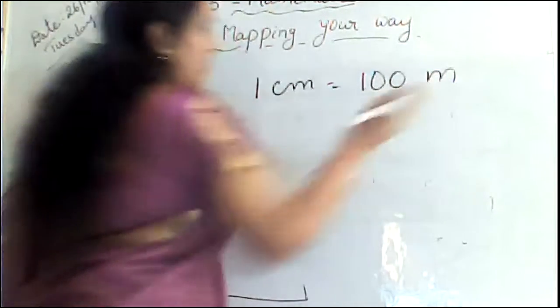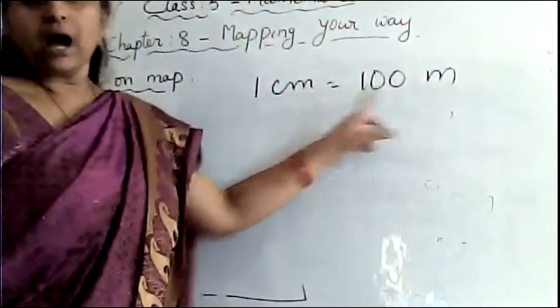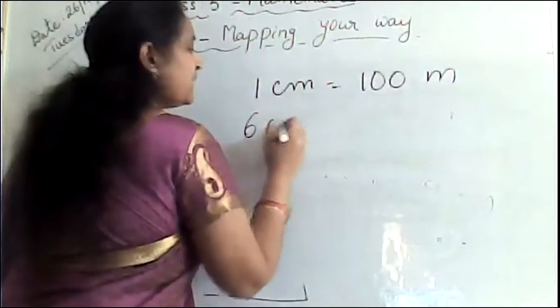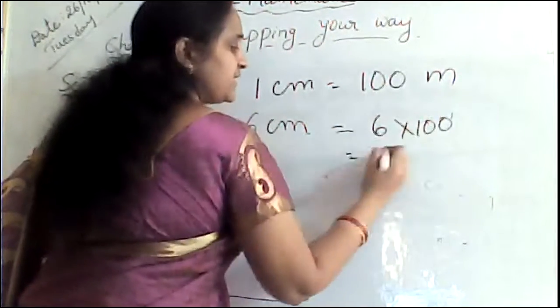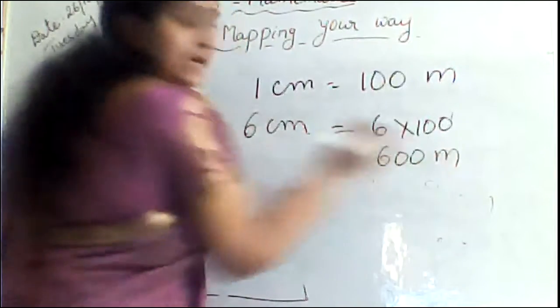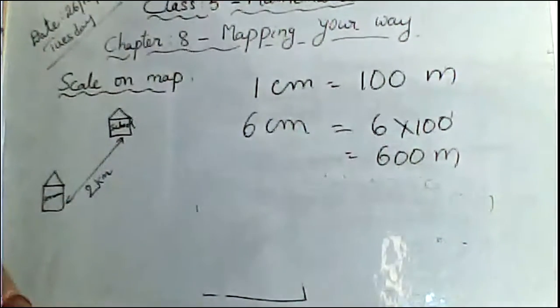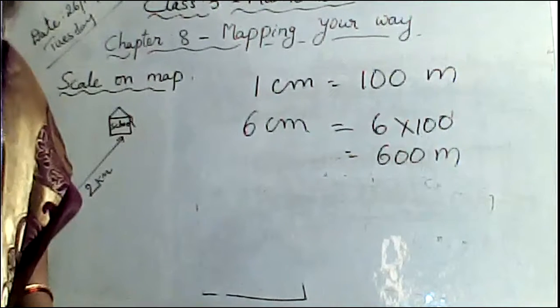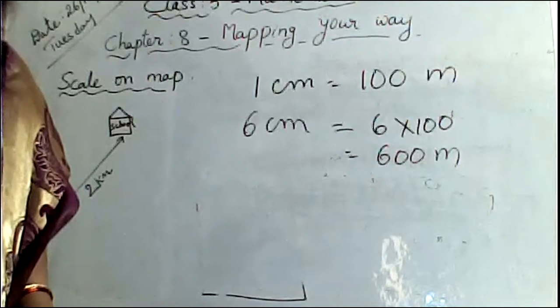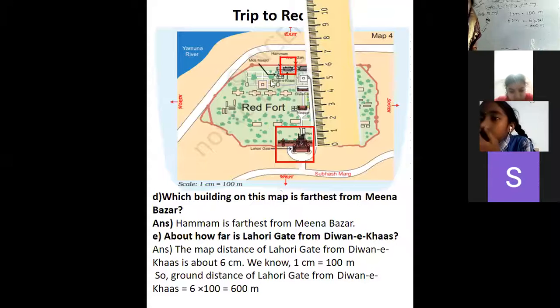So 6 centimeters equals 6 into 100, 600 meters. Then the distance between Lahore Gate and Diwani Khas is 600 meters.